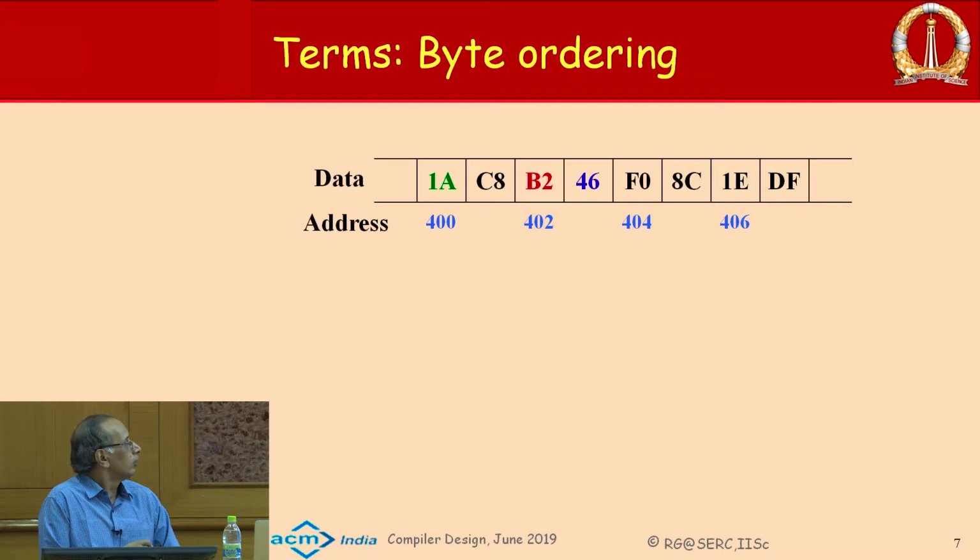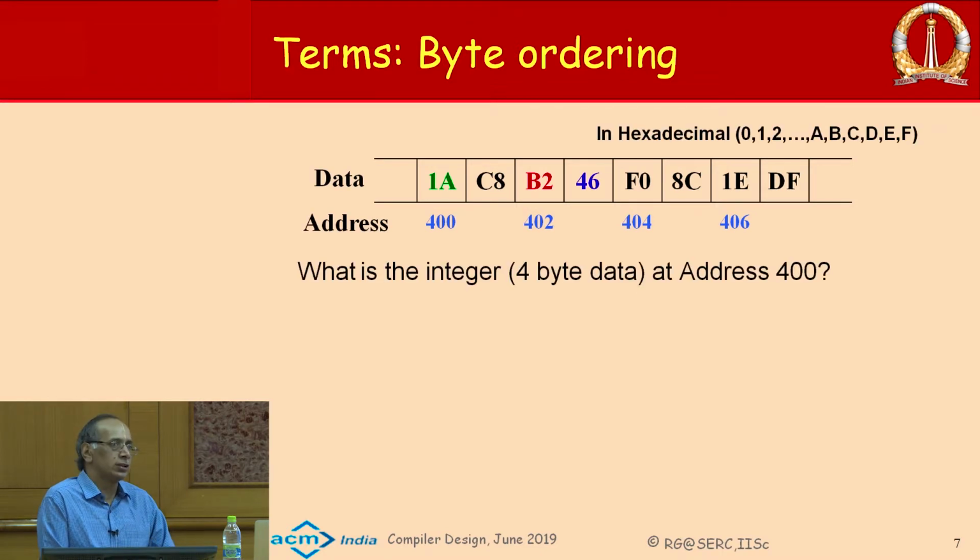Now, if I want to access an integer at location 400, as I mentioned earlier, it should be a sequence of consecutive locations, and by convention consecutive means increasing address: 400, 401, 402 and 403. That means we are talking about an integer which is this.